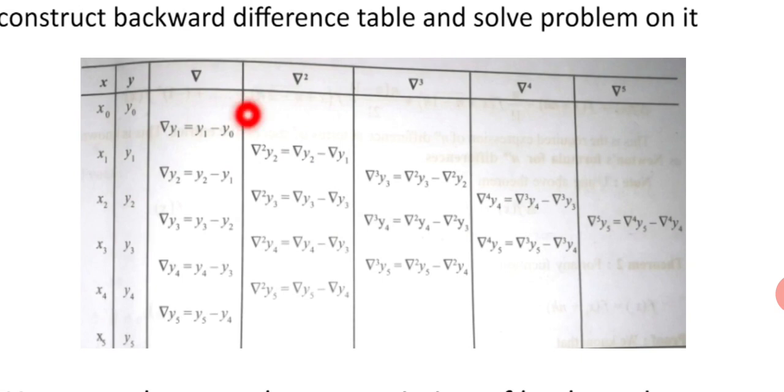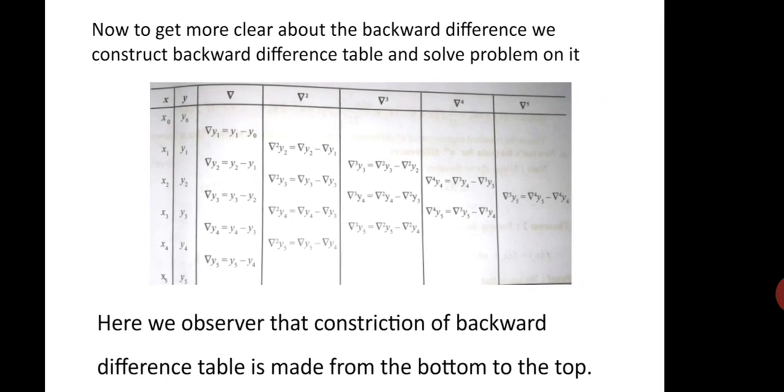We can find the first order backward difference, second order, third order, fourth order, and fifth order backward difference. If you observe, here it has been written from the bottom. That is, the difference table is made from the bottom to the top.